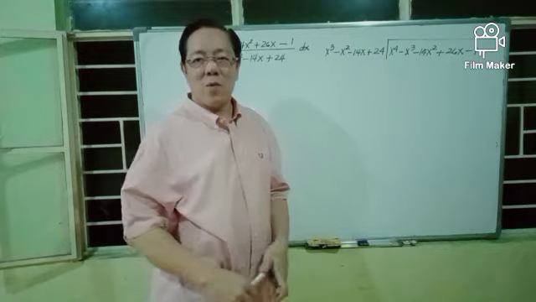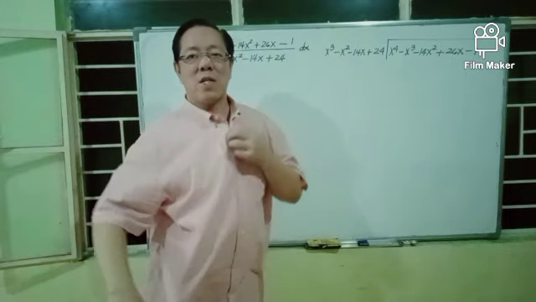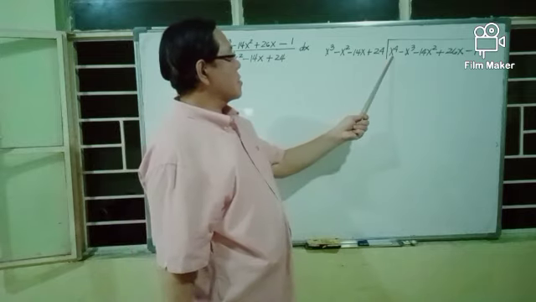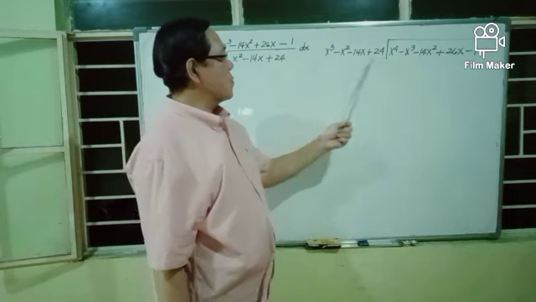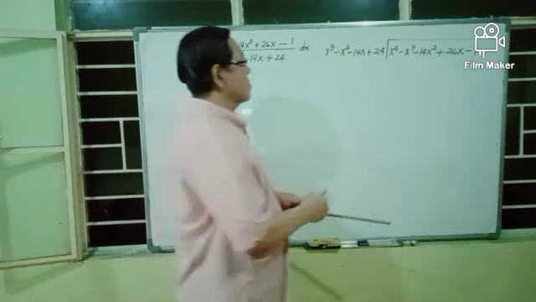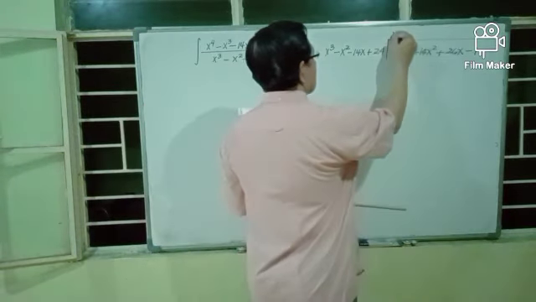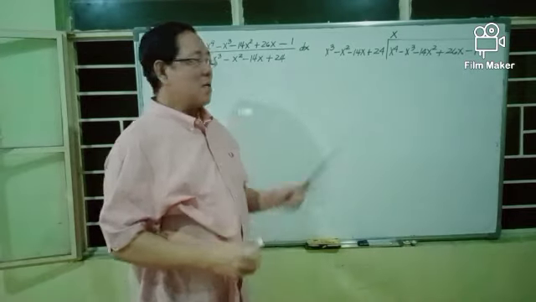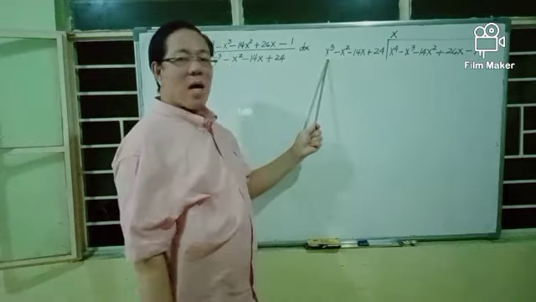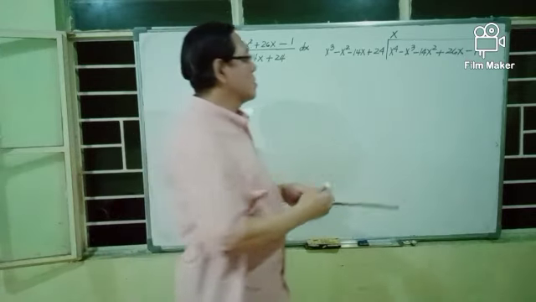And we apply what we learned from algebra, division of algebraic expression. We divide x to the 4 by x cubed. X raised to 4 divided by x cubed is x. And we multiply each term of the divisor by x. X multiplied by x cubed is x raised to 4.